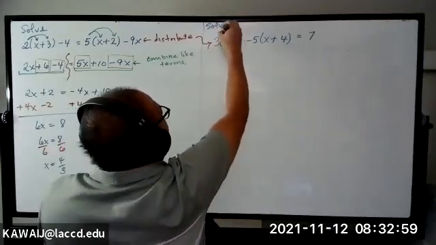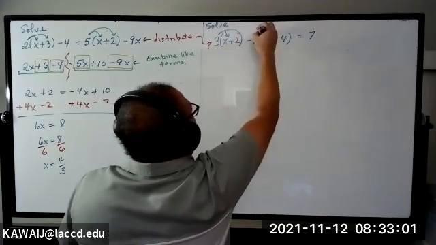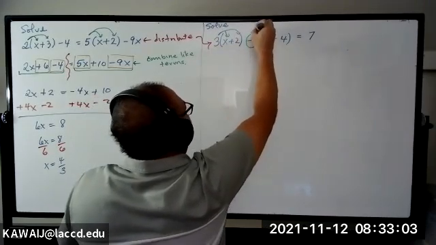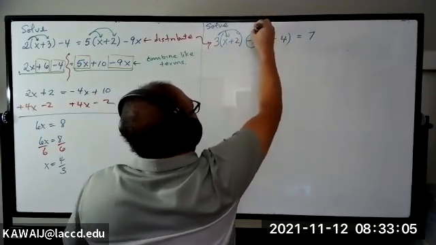Multiply this with that, this with that. Now, when you multiply this, we're multiplying the entire negative 5 with this. And that.